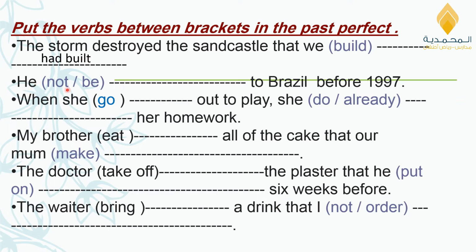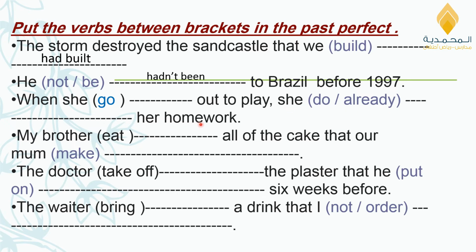He not be to Brazil before 1997. So, at 1997, before that time, before that event, he, yes, hadn't been to Brazil. Next, when she go out to play, she do already her homework.